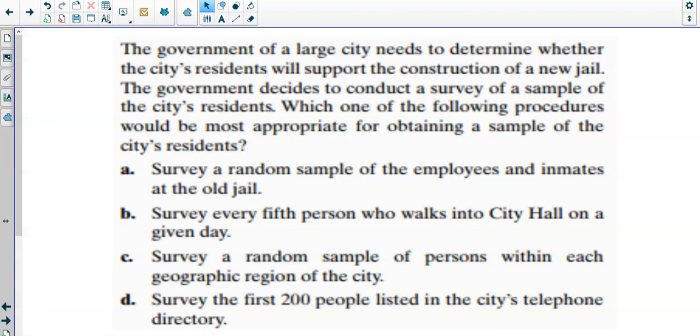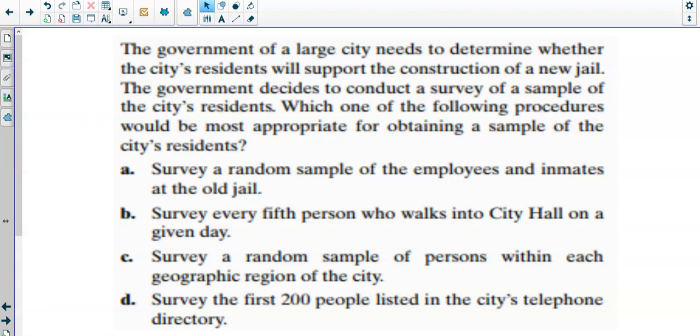So do you think it's best to randomly pick employees and inmates from an old jail? Would that best represent the city? To talk to the employees and the inmates of an old jail? No. And again, the technique used here, we're just random, so we're just picking some people, but these people already work in maybe an overcrowded jail, or live in an overcrowded jail.